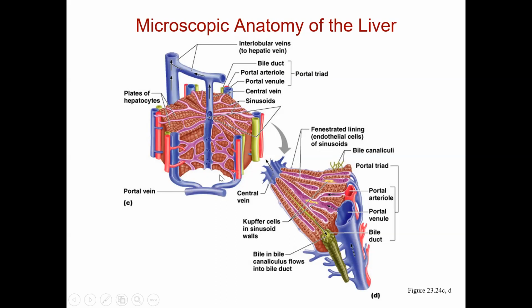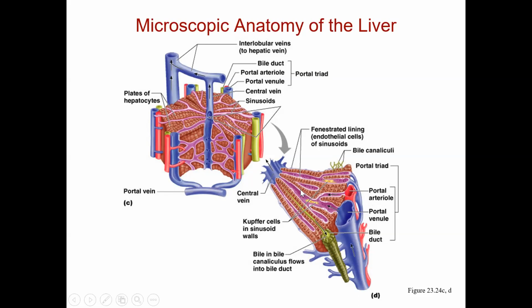So this blood from the portal vein is going to branch out to form smaller portal venules right here. It's just the smallest vein at each pointed corner. And this blood from the portal venule is going to travel through the capillaries toward the central vein.